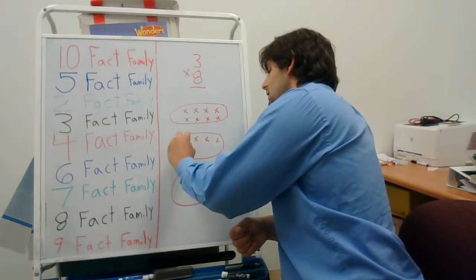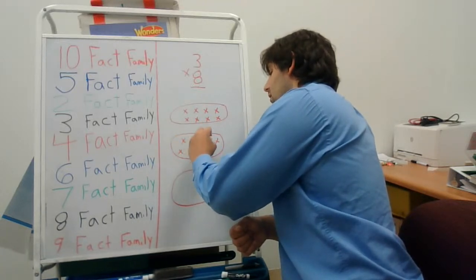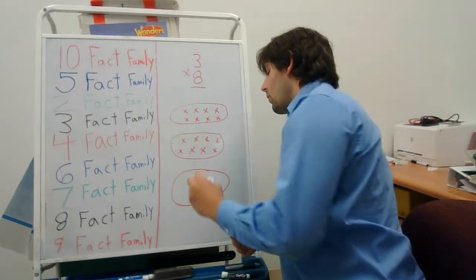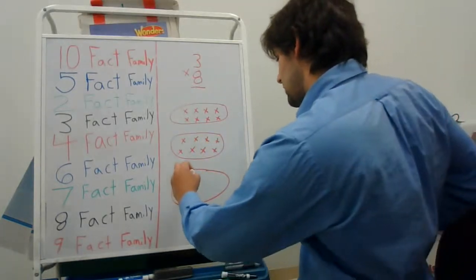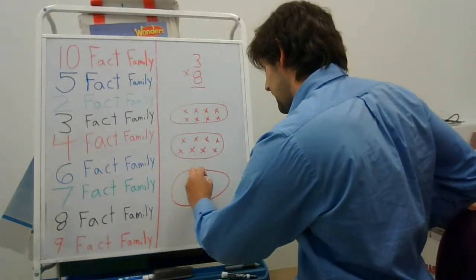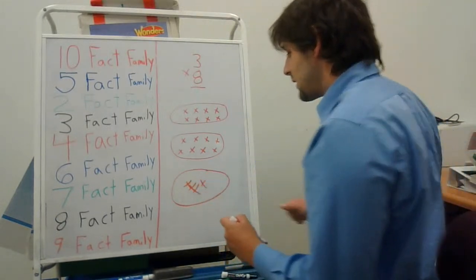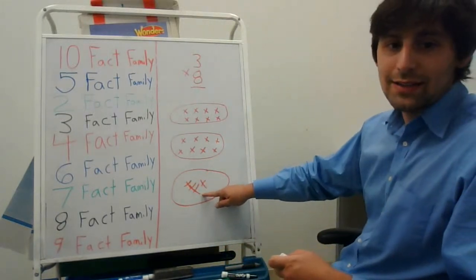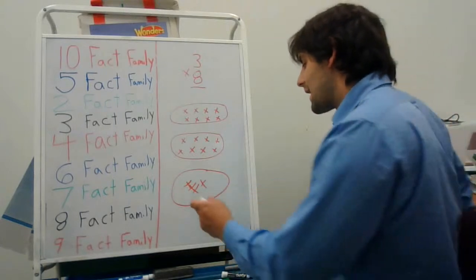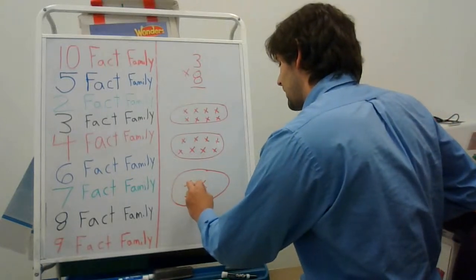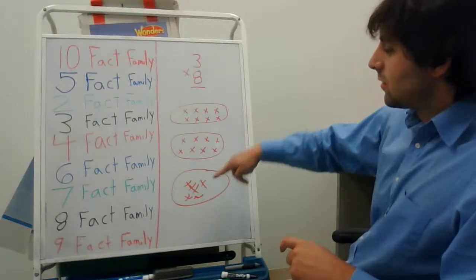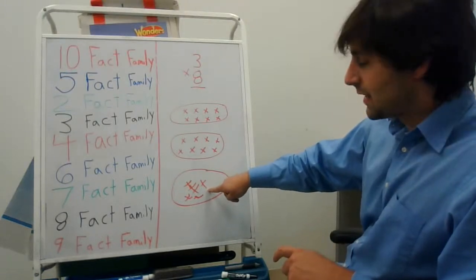Notice as I'm drawing these X's, they're spaced out. What you don't want to do is draw the X's right on top of each other. The easiest way to make a mistake with this strategy is if you do something like this. If you're drawing your X's and they're right on top of each other, that's where you're at risk for miscounting. So do not draw your X's like this where they're bunched up.